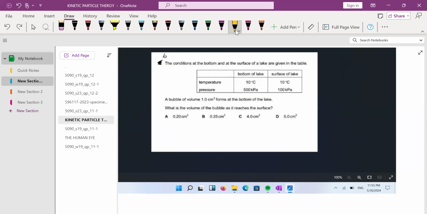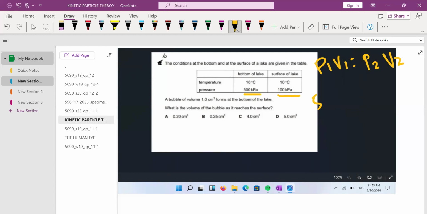Okay, so again, in this you will use the formula P1 V1 equals P2 V2. The first pressure is given 500 and the second pressure is given 100. The first volume is given 1 and you need to find the second volume.